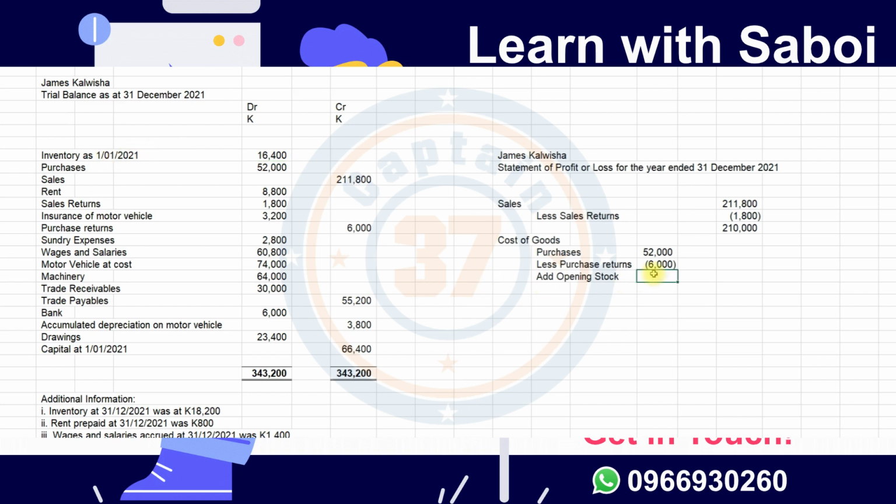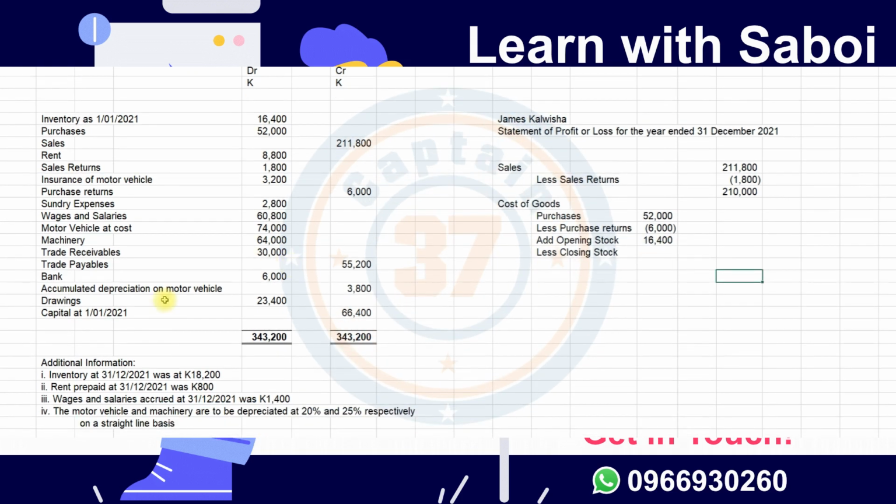And so what we have here is 16,400. Then we are going to less closing stock. And how much is the closing stock? The closing stock is given to us in the additional information. This one here: inventory at 31st December 2021 was 18,200.